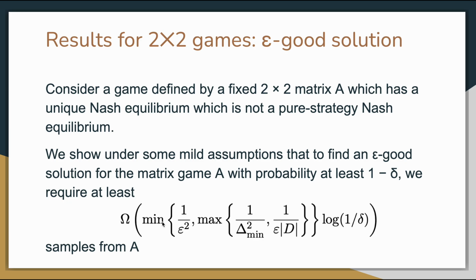So in practice, this is the term which will be less than 1 by epsilon square, because these will be like huge parameters. So if the matrix is kind of well spaced, say 1 0 0 1, then you can expect that you can find an epsilon good solution in roughly 1 by epsilon samples instead of 1 by epsilon square.